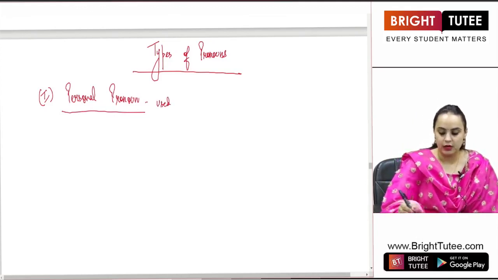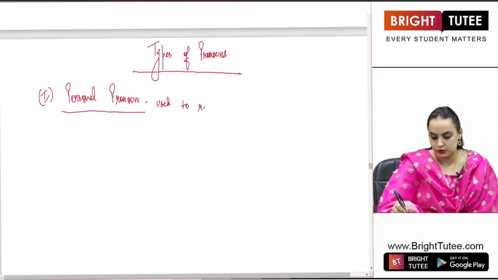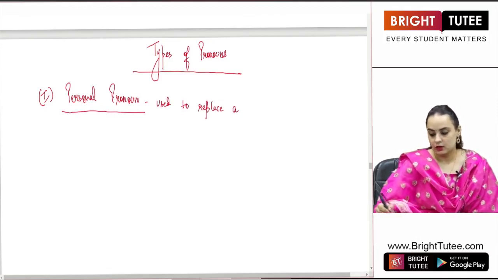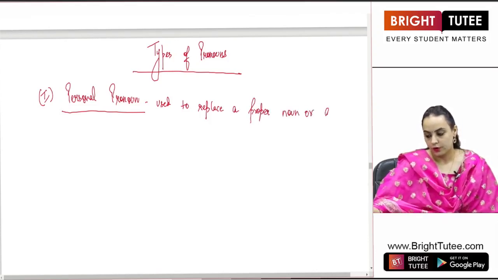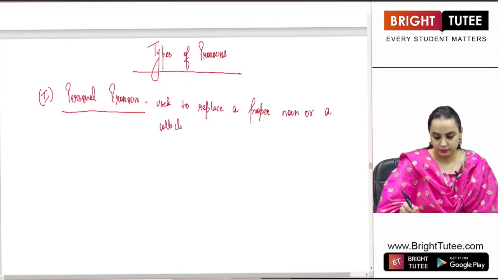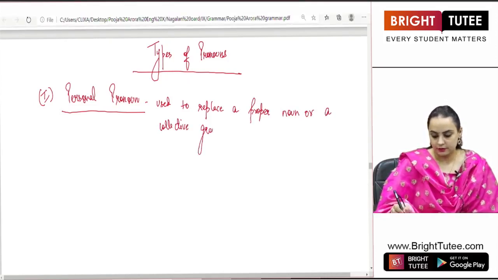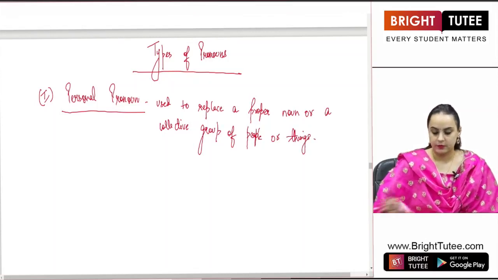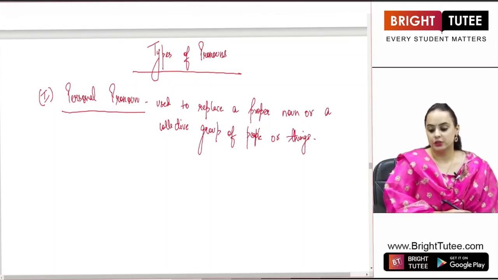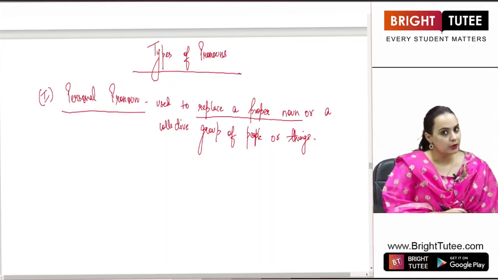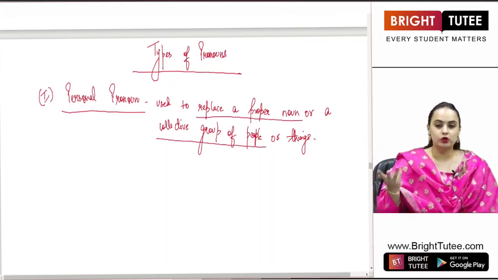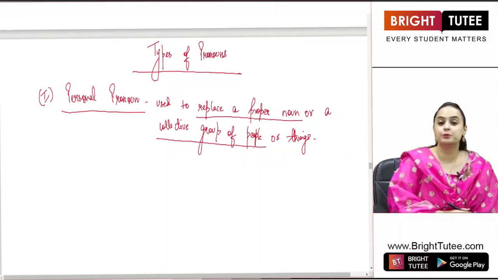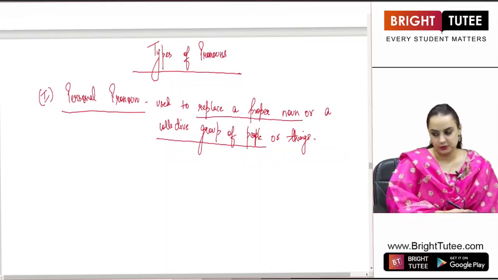A personal pronoun is a pronoun which is used to replace a proper noun or a collective group of people or things. So those pronouns which are used to replace a proper noun or a collection of people or things are known as personal pronouns.